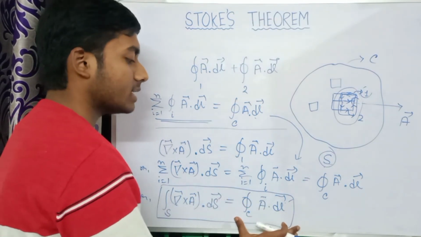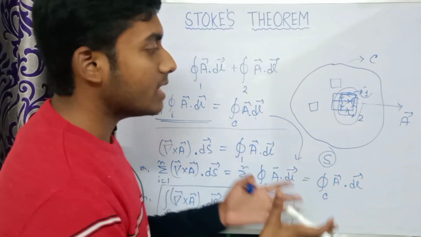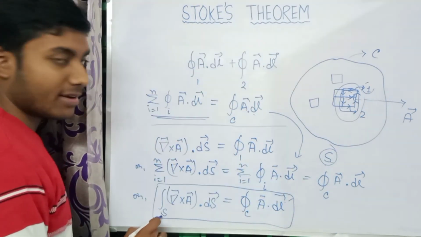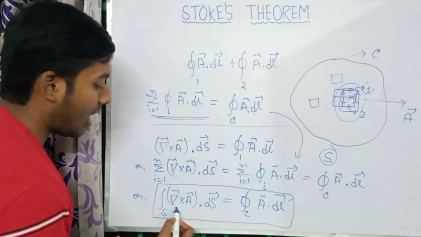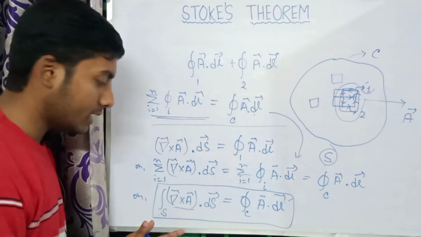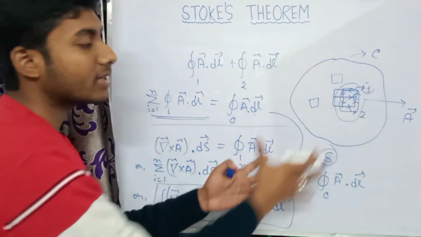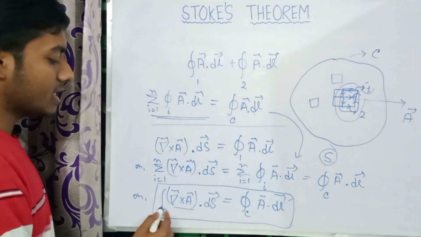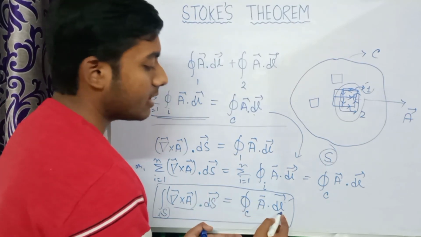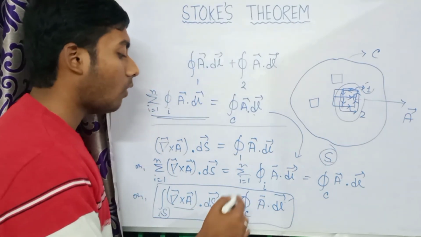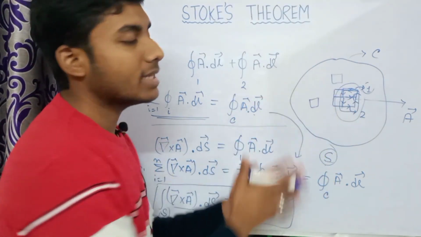So this equation means that the surface integral of the curl of any vector field over any arbitrary shaped surface is equal to the line integral of that vector field over the boundary curve which encloses that surface.